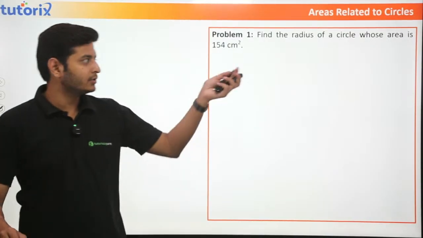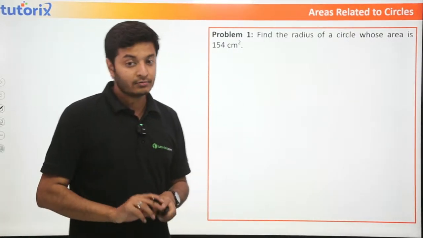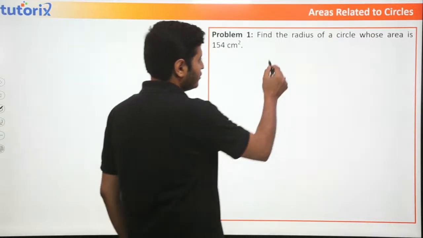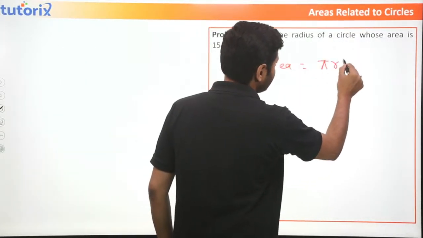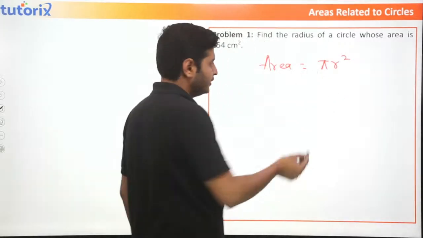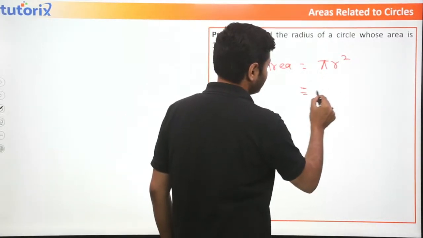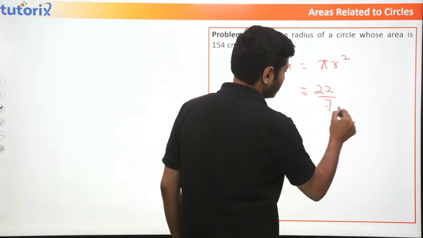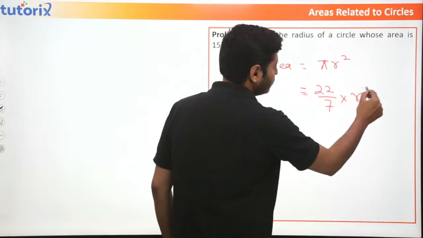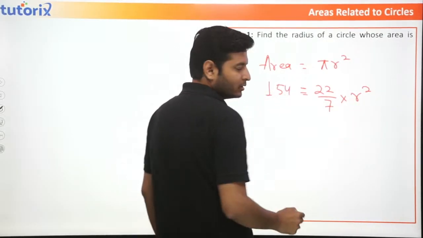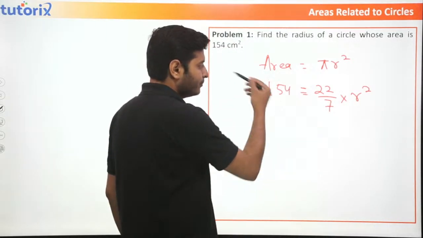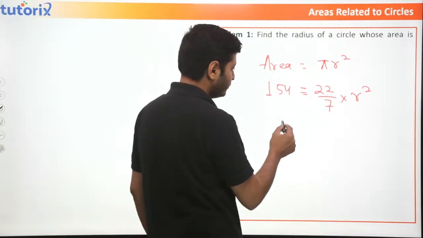Okay, so the answer to this one is 7 centimeter. This one is very easy because we know that area of a circle is pi r square. Pi is a known value, that is 22/7. R we don't know as of now, but area we know, that is 154 centimeter square. Okay, cross multiply each value that you know.